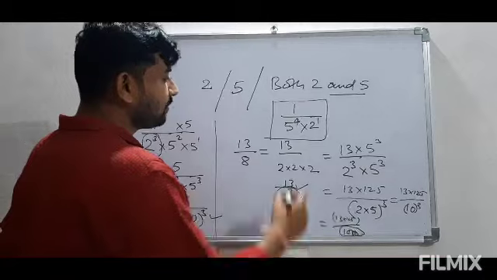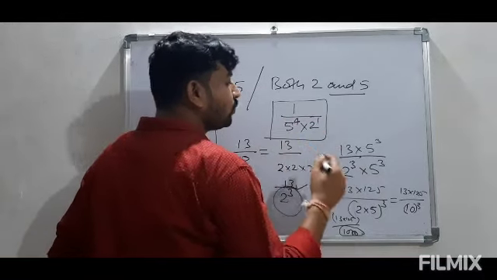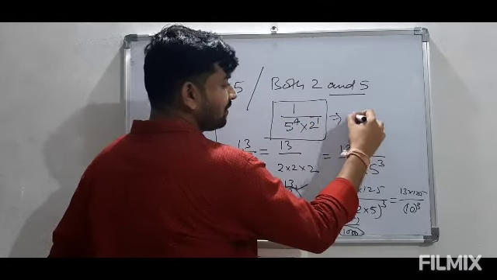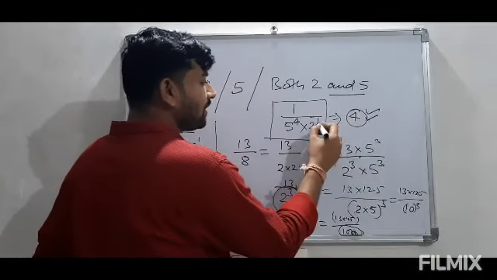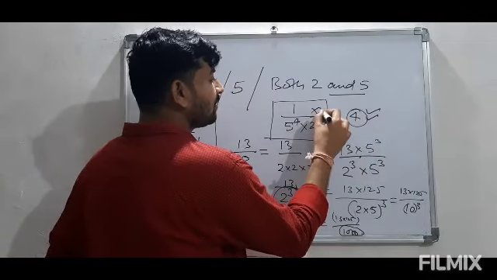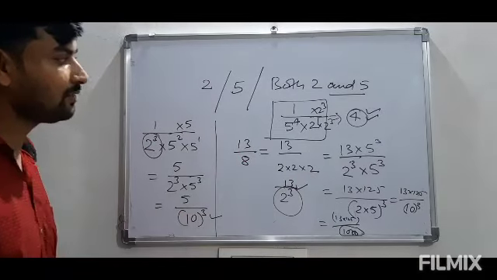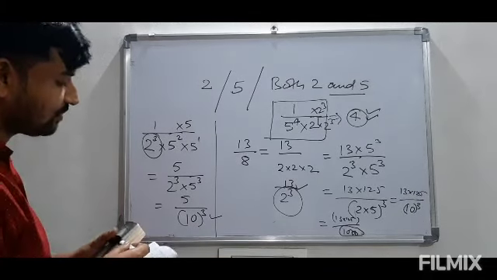The answer is very simple. The highest power of 5 or 2 is 4. So it will terminate after 4 digits, which can be easily proved if we multiply by 2 power 3 in both numerator and denominator. In this way we can find out the number of decimal places in the rational number.